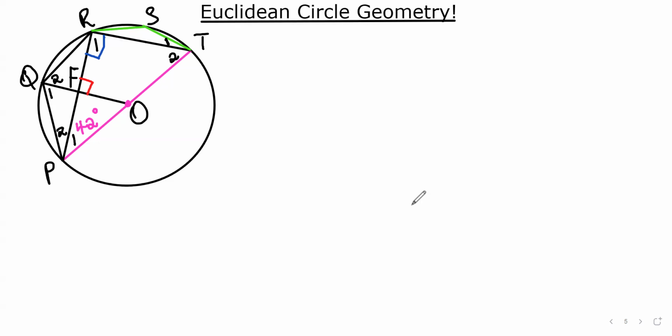T2 equal to P1, and what would be the reason for that? Q is bisecting PT. But you can't say bisecting, they're much further away from each other, P1 and T2.